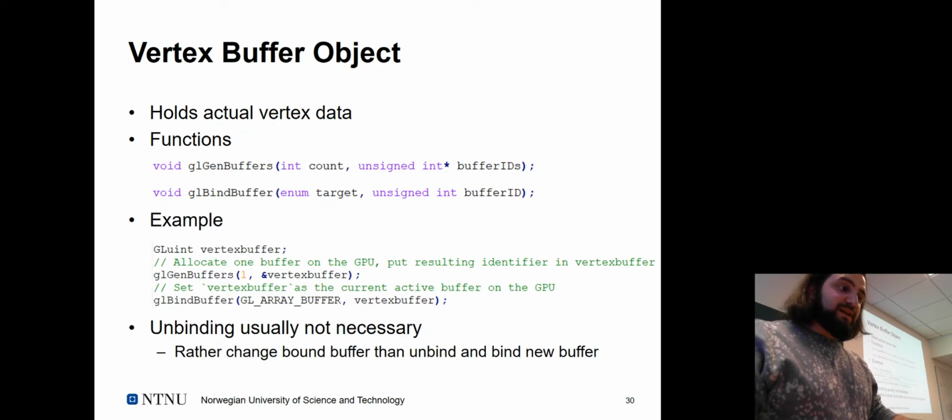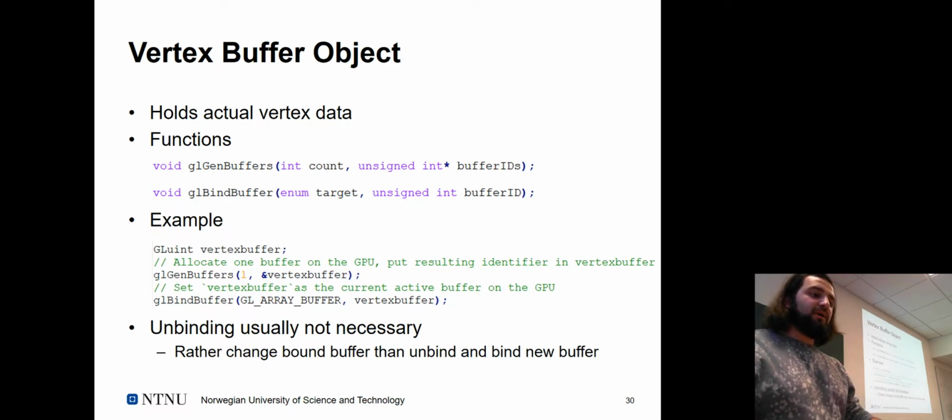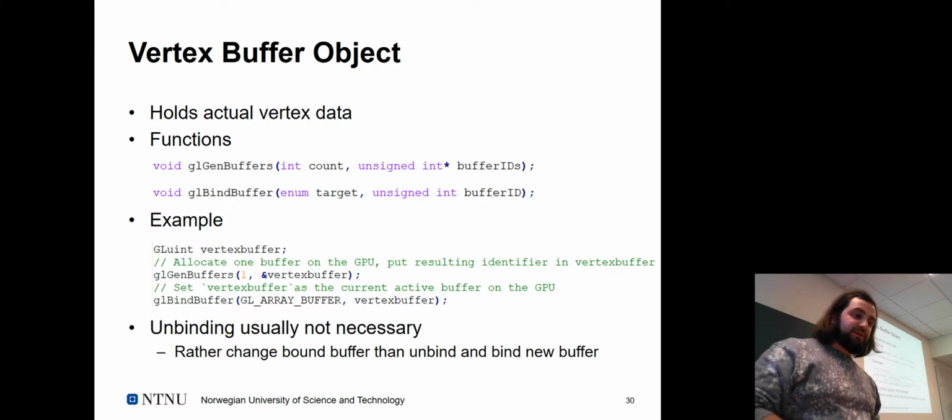Actually, the process is identical for vertex buffer objects, where we have actual data. It's a very similar process. We first define an ID, an unsigned integer, and then we allocate a buffer on the GPU and generate it with glGenBuffers. We generate one buffer object, and we pass a pointer to the space where the identifier is stored, and then we bind it.